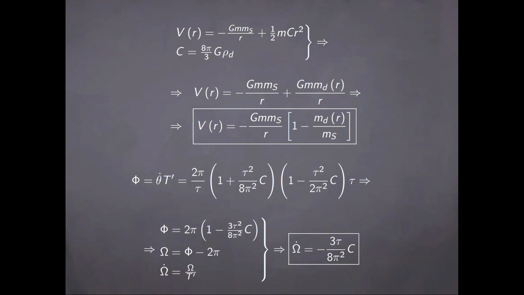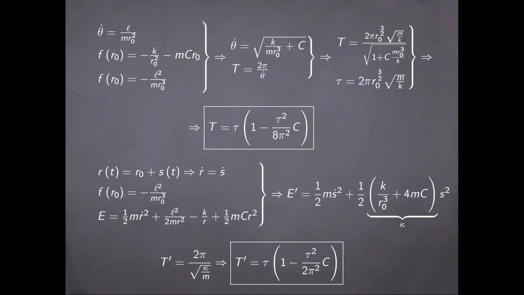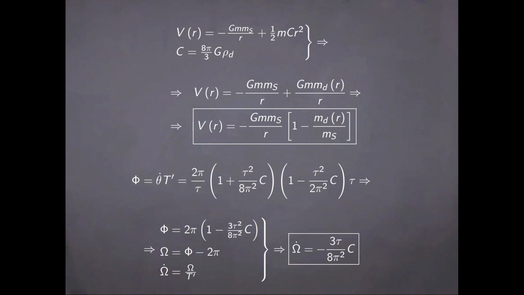And then if we wish to calculate the precession of the ellipse on which the motion takes place, we once again define this angle phi as a product between the angular velocity for circular motion and the period t prime of small oscillations around it, which is just the product here. And to first order in the constant c, the expression that remains is this one.